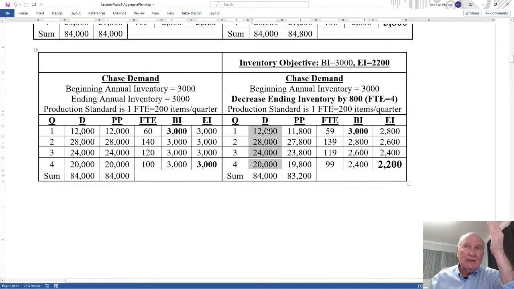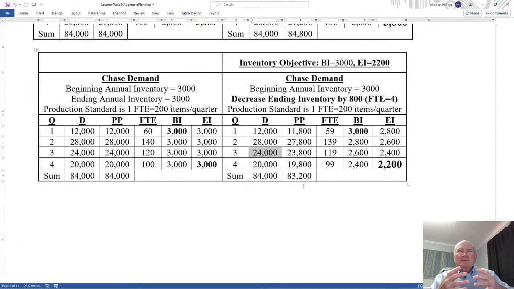Now, this demand displays variability. It goes up and down. But how accurate is that forecast? How much uncertainty or variability is there in that 12,000? What about the 28,000? What about the 24,000? How accurate is it? Well, it's not exactly 24,000 every third quarter.